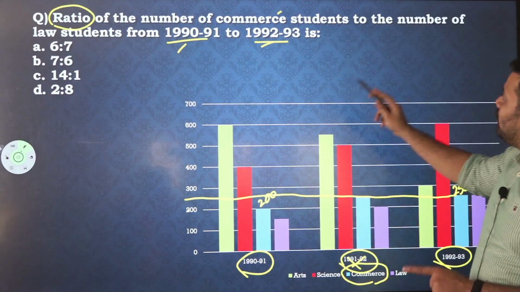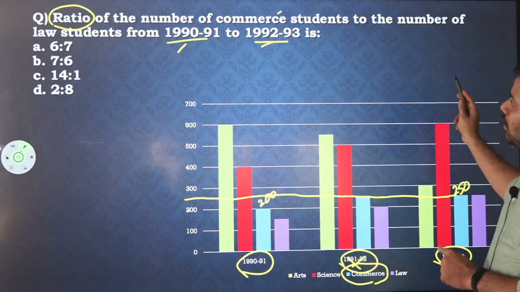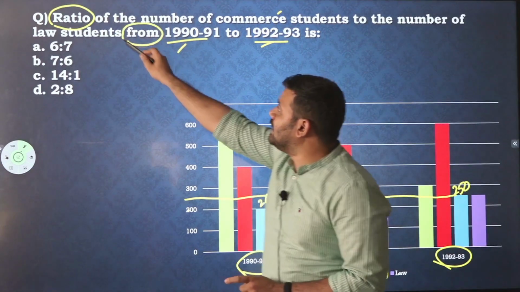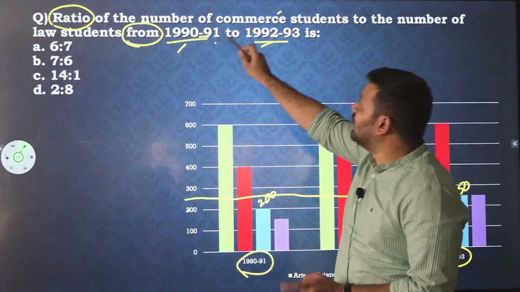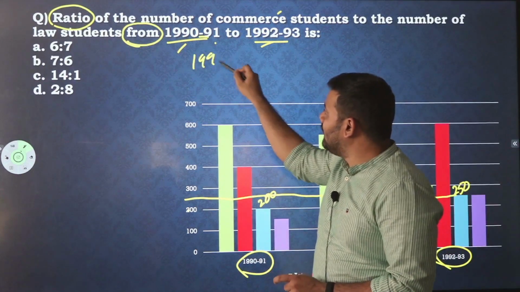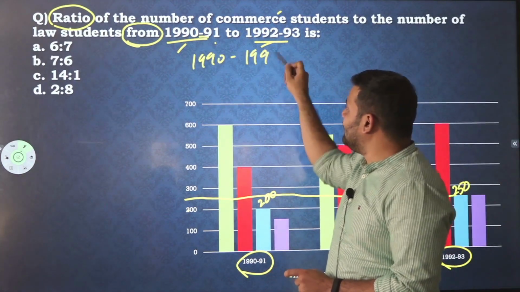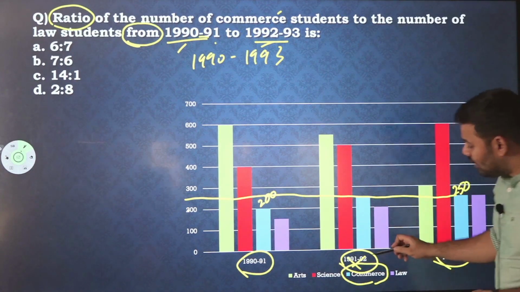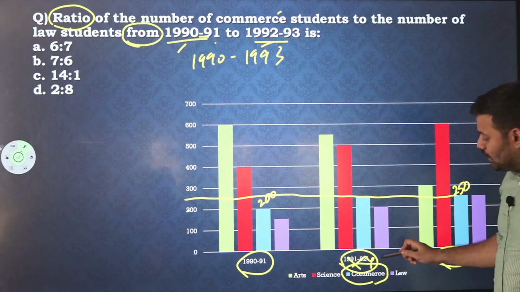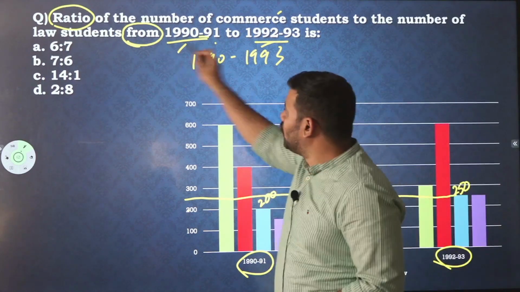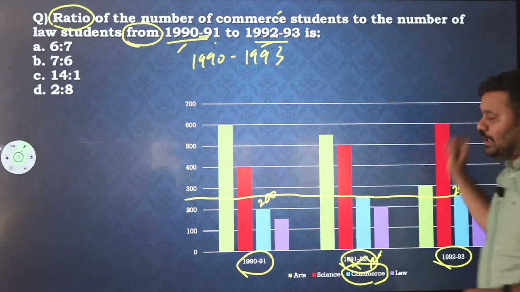Ratio of number of commerce students to the number of law students, and please watch it, they are telling from 1990-91 to 1992-93. That means it is from 1990 to 1993. So we will be wrong if we are not including this. We need to include this as well, because they have asked from to, that is the entire window.